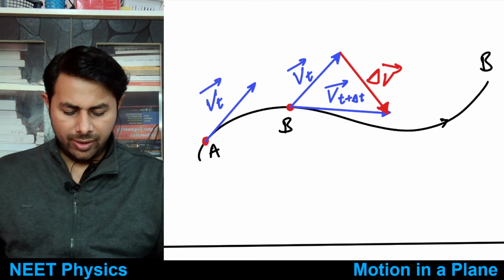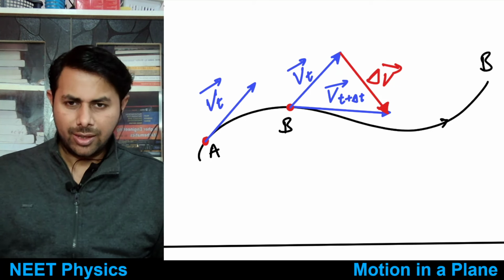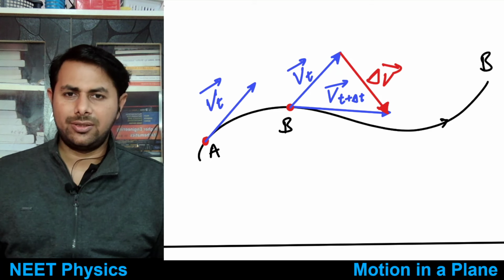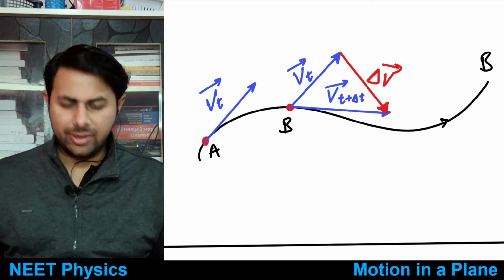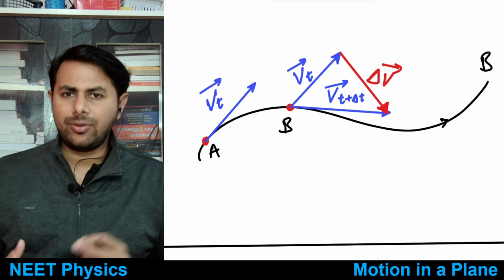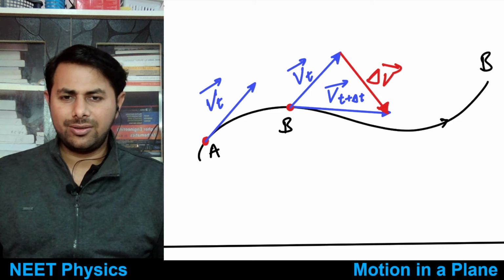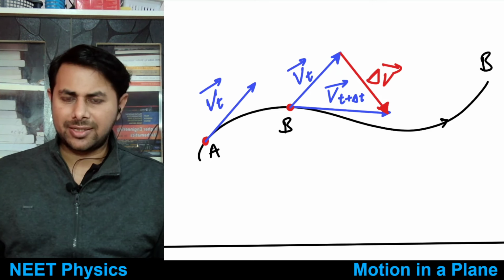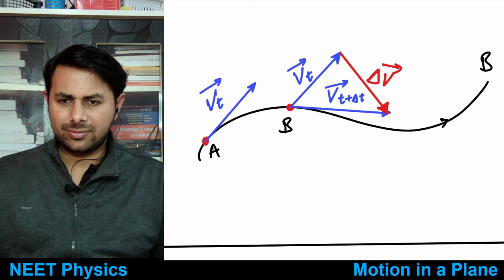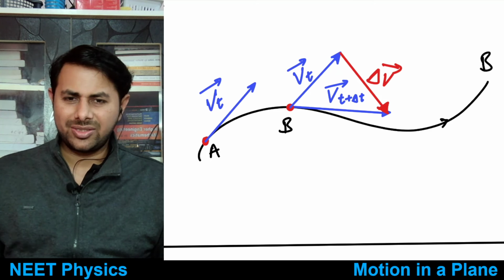And therefore now if you want to find out acceleration, what is acceleration? It is change in velocity divided by time. So if you want to find out the direction of acceleration, what will that be? It will be in the direction of change in velocity, right?